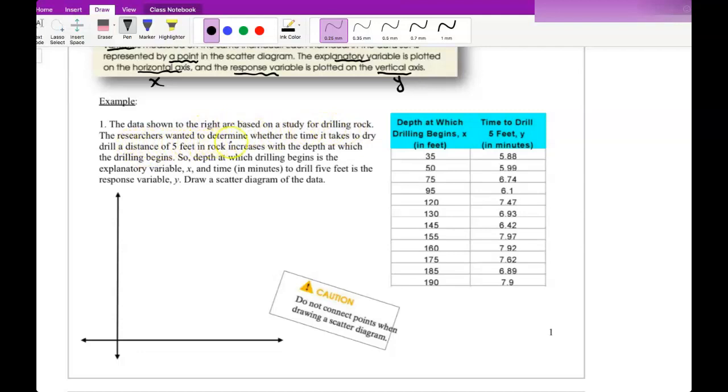The researchers wanted to determine whether the time it takes to dry drill a distance of 5 feet of rock increases with the depth at which the drilling begins. So the depth at which drilling begins is the explanatory variable, and the time to drill 5 feet is the response.